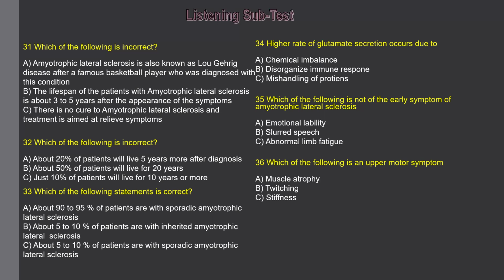The symptoms of amyotrophic lateral sclerosis usually start appearing in the late 50s or early 60s. However, symptoms can appear at other ages as well. Progression of the disease will vary between patients.